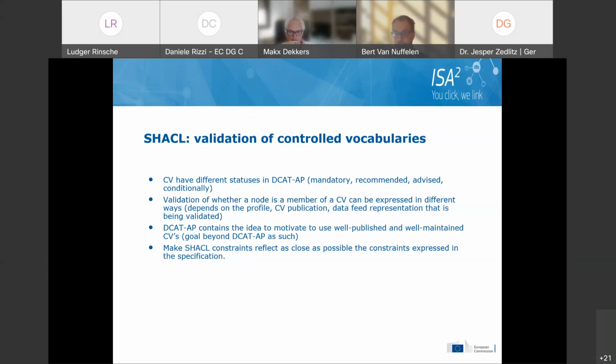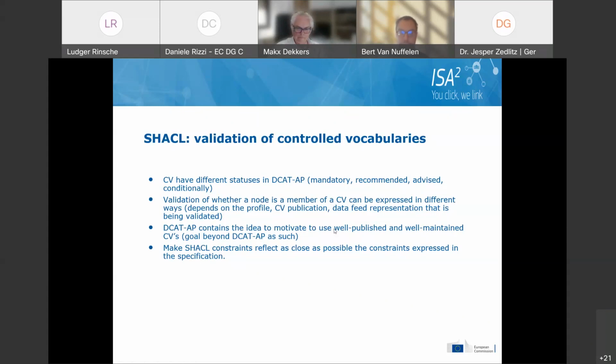It's not just something that you pick from a simple tabular list, but it is something that is well published and well maintained, which has consequences for the minimal information that is available. And then in the end, and this is a topic already mentioned in the SHACL webinars as well, we try to represent as close as possible what is specified in the specification with the SHACL constraints, and we don't want to deviate too much from that with an alternative interpretation.